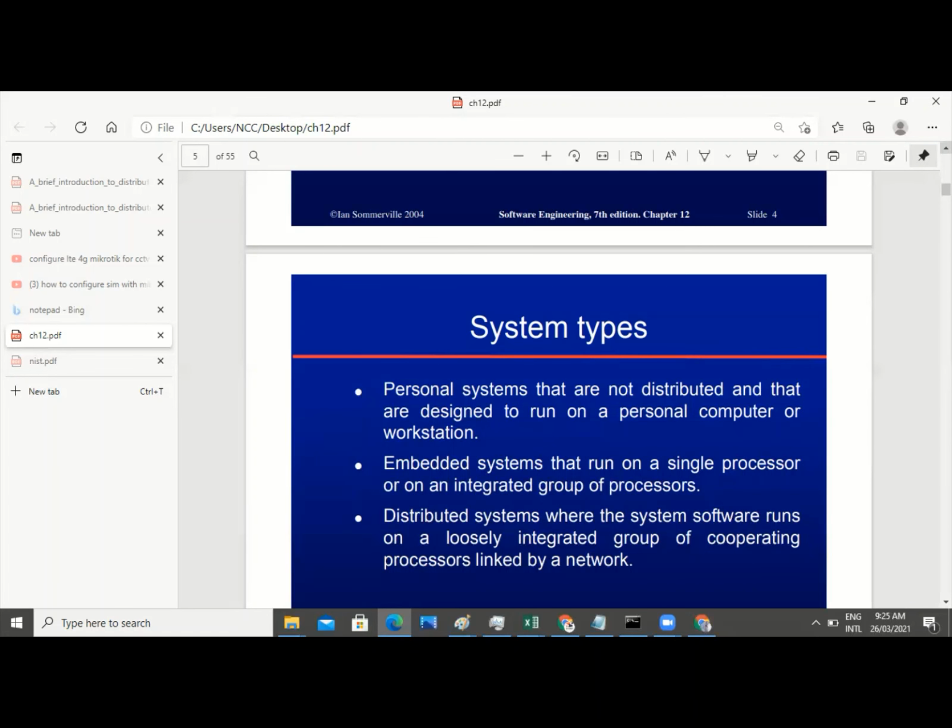Now, these devices are sometimes used by a distributed system. In a distributed system, system software runs on a loosely integrated group of cooperating processors linked by a network.